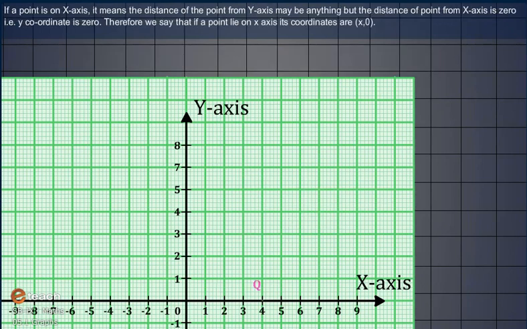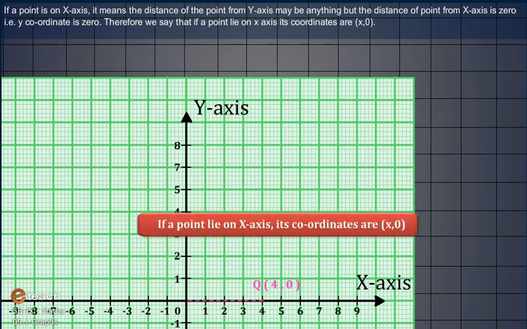If a point is on the x-axis, it means the distance of the point from the y-axis may be anything but the distance of the point from the x-axis is 0. That is, the y-coordinate is 0. Therefore, if a point lies on the x-axis, its coordinates are x, 0.